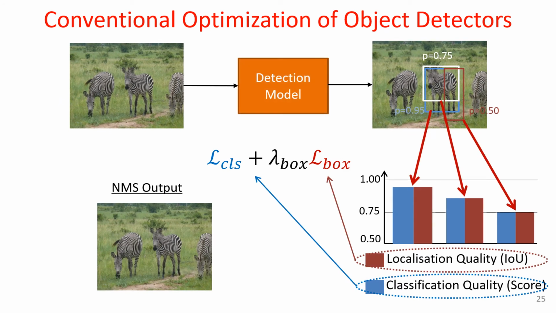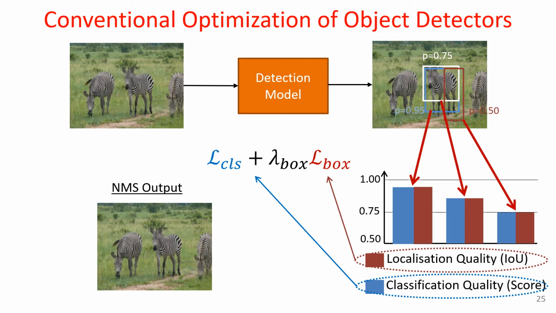Besides, this common loss formulation ignores correlating classification and localization networks, which influences the performance. Here I will illustrate the effect of correlation on non-maximum suppression. Let's assume that there are three overlapping boxes, blue, white, and red, which are shown in the top right image on the screen, and non-maximum suppression will keep one of them.